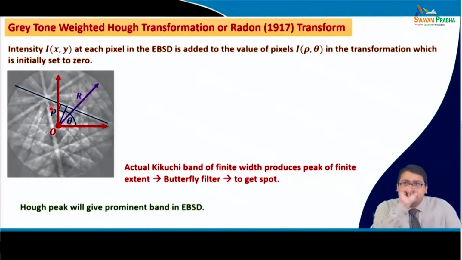So, you see a band which will have a certain width, say for example, a finite width, that high intensity band will transform into an intensity peak in the Hough space to a finite extent, right, and this extent will be like a multiple sinusoidal curve which looks like a butterfly type pattern, and therefore, it is known as butterfly filter to obtain a bright spot.